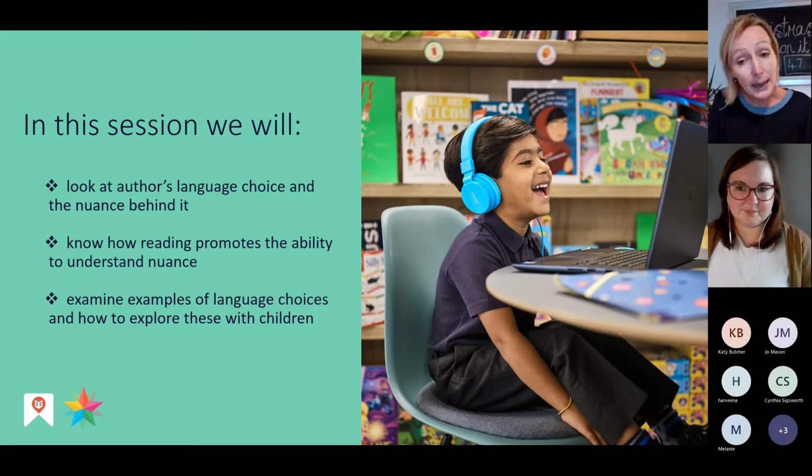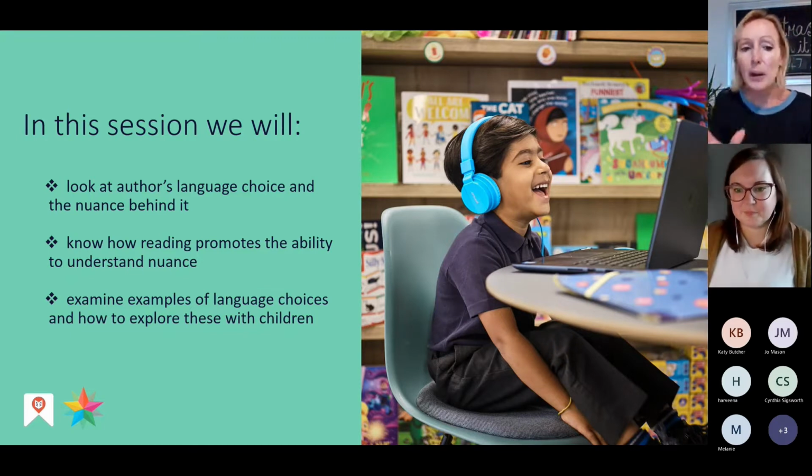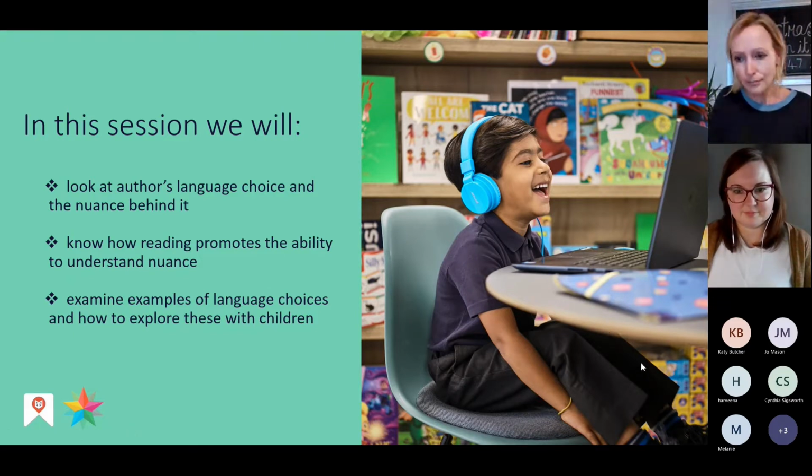But also, more importantly, it's a hugely vital element to our well-being, our ability to express ourselves, our ability to communicate and have the precise meaning attached to what it is we're feeling. And then we're finally going to have a look at some examples of language choice and how you might want to explore these with your children.